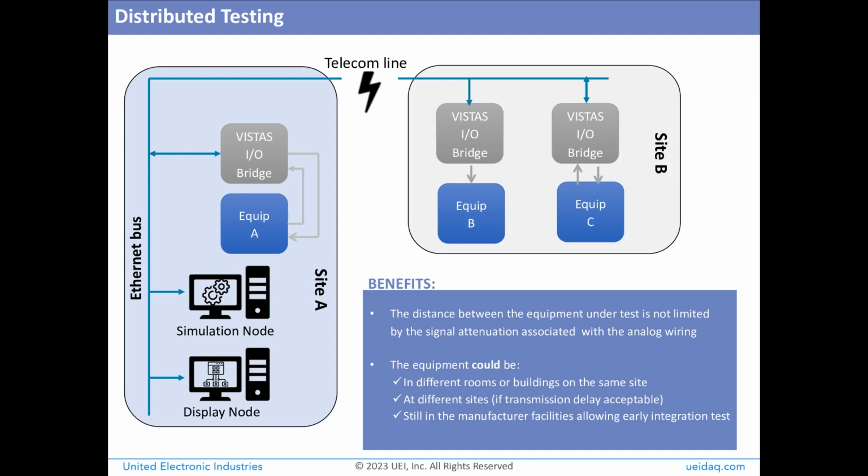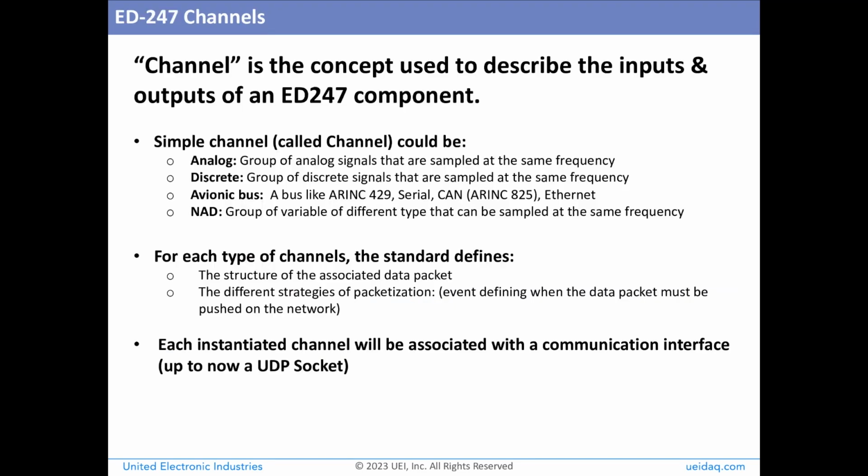All of this is brought to you by the virtualization of the data. So why don't we look at what's on that wire? When looking at the traffic around the Ethernet bus, Vistas uses the concept of channels. Each channel is a data set sampled at the same frequency, whether analog or discrete or even a mix.